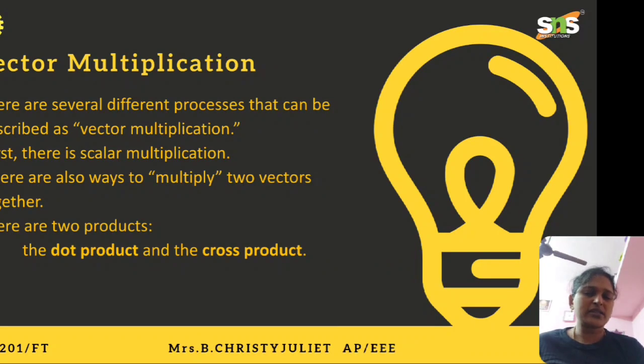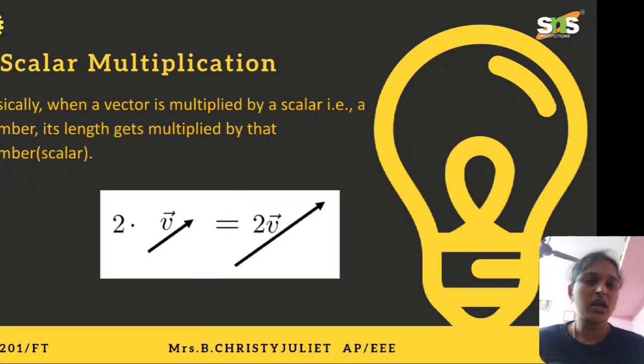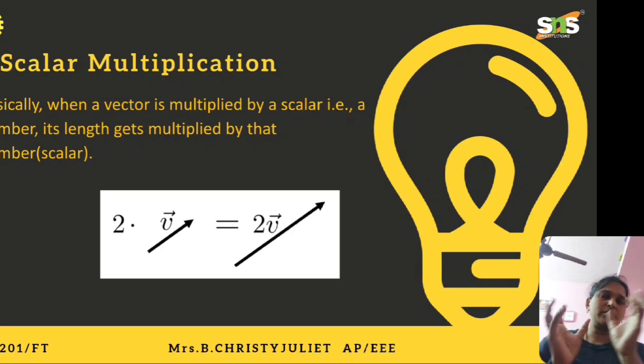The drawback is that they always multiply two vectors together. Using vector multiplication we can easily multiply two vectors, and there are two different products for vector multiplication, the dot product and the cross product. So we can multiply two vectors, or two scalars, or a scalar with a vector, or a vector with a scalar.